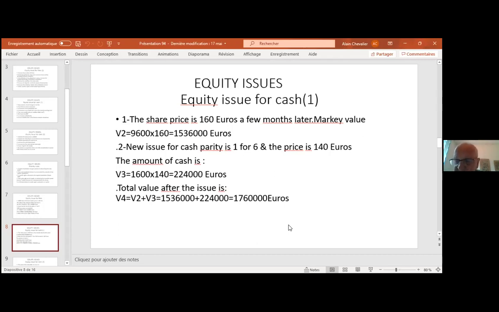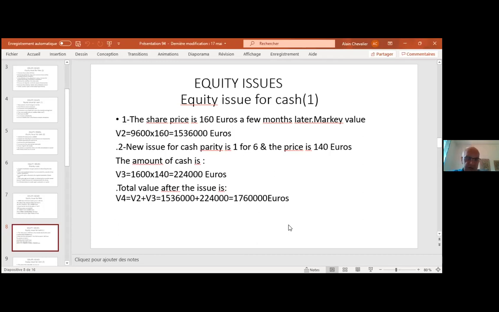The number of shares includes not only the original 8,000 ordinary shares, but also the ordinary shares you issued in the preceding issue, which is 1,600. So that means you have 9,600.